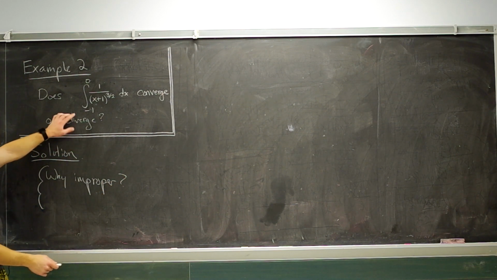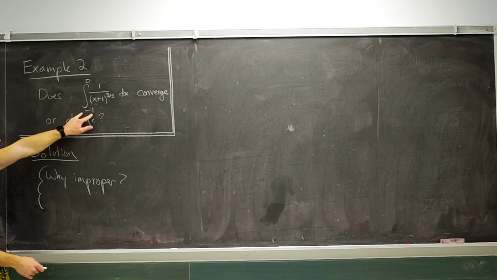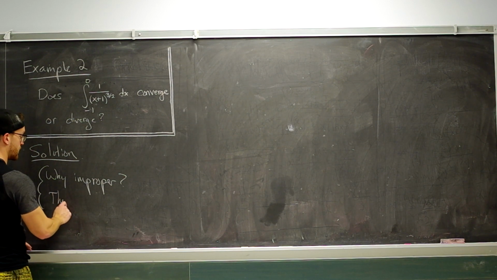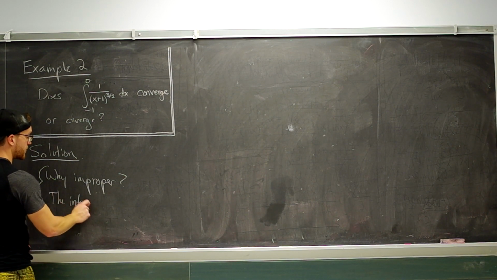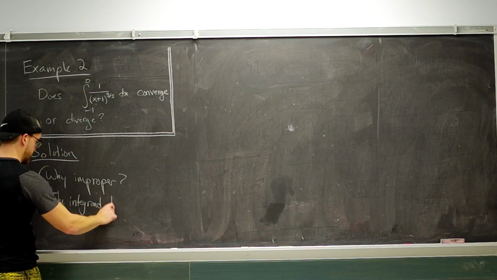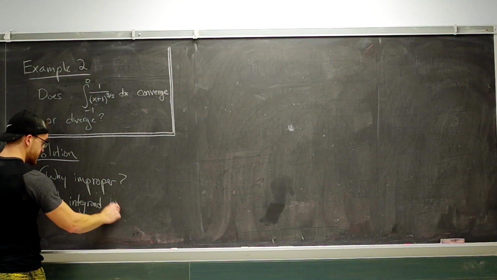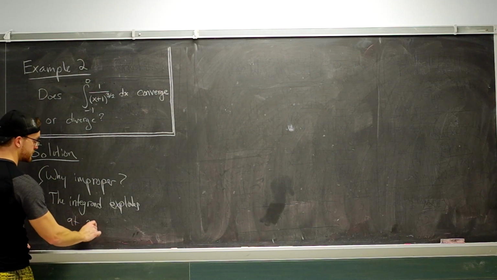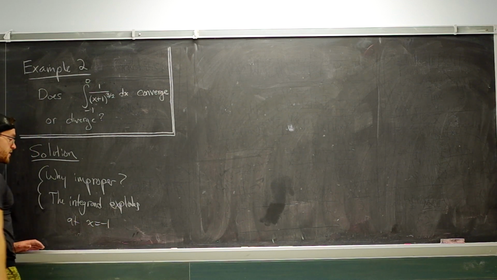Why is this integral improper? The reason this time is because the function blows up at negative 1. The integrand explodes at negative 1.